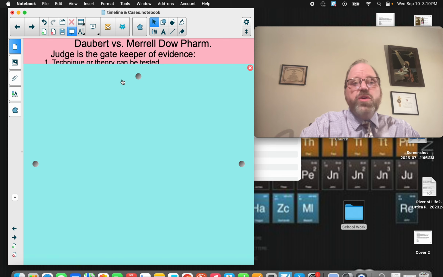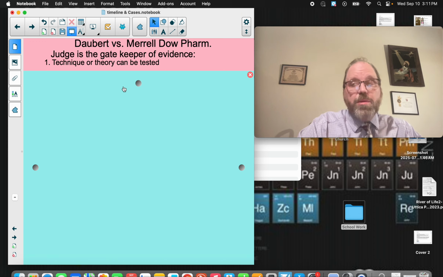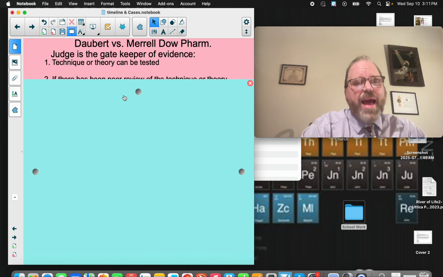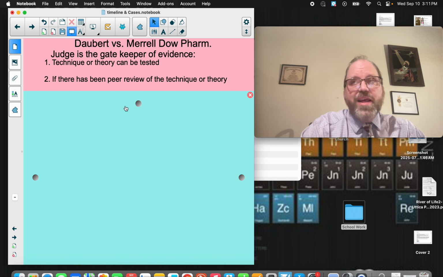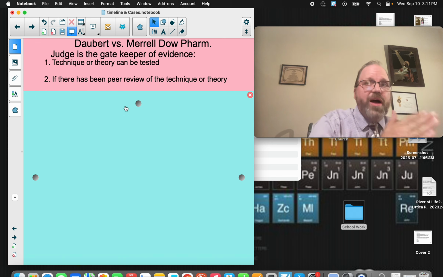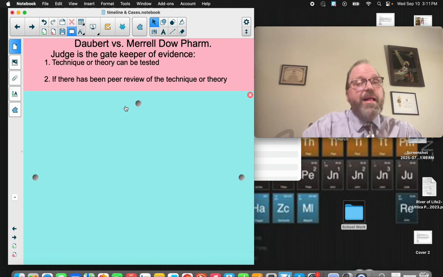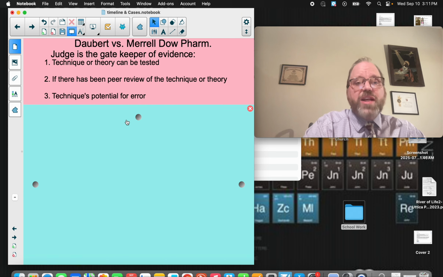Now, in order to do that, though, there were certain prerequisites. First of all, the technique or theory had to be able to be tested. Okay, there had to be a way of identifying it. Second, there had to be a peer review of the technique or theory. In other words, it had to have a lot of people agreeing that it was an effective method. Third, the technique's potential for error had to be identified.